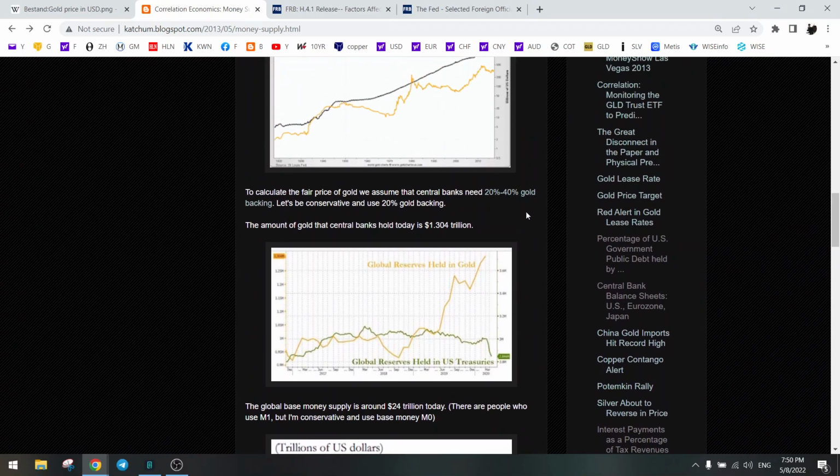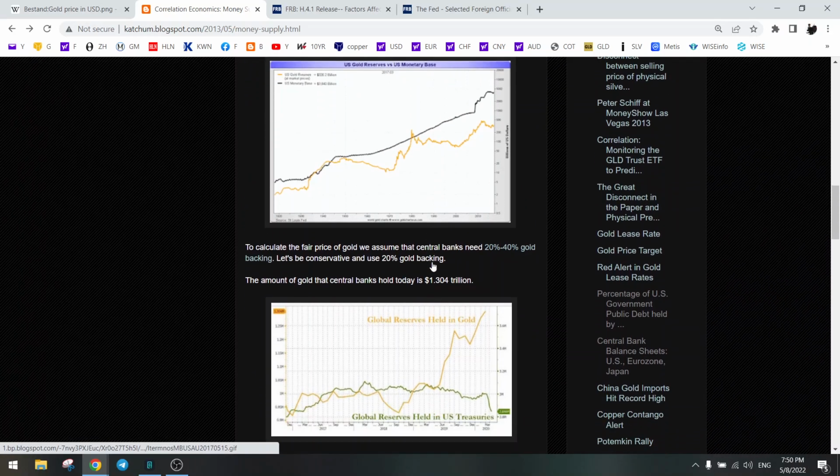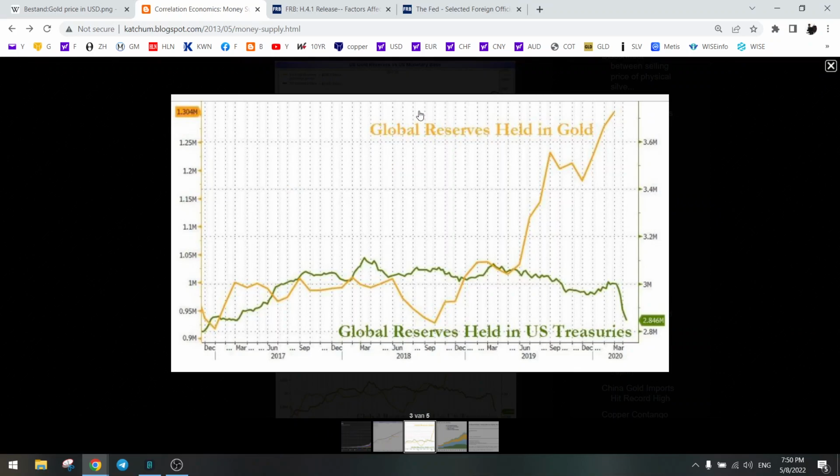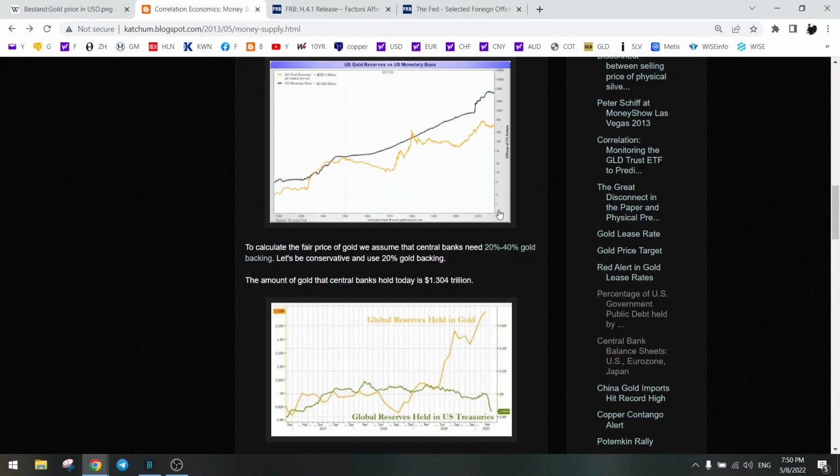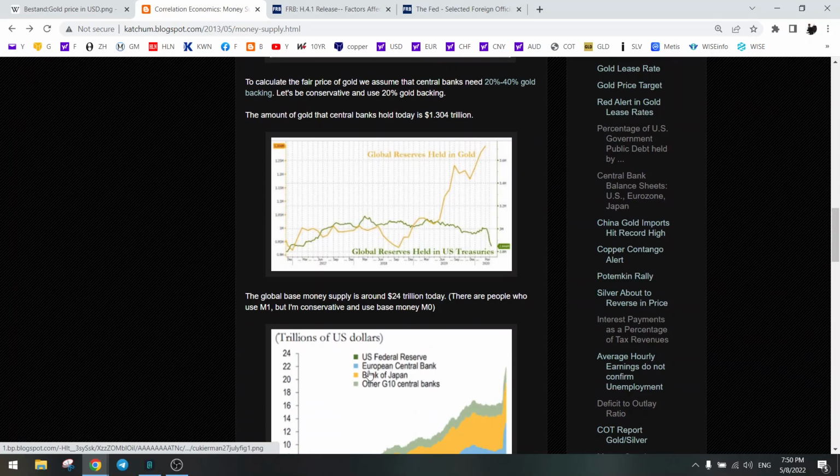And as opposed to that, you can look at the gold reserves. So the global gold reserves are at 1.3 trillion. So we now know what the gold reserves are, 1.3 trillion, and we know what the base money is of all the central banks.